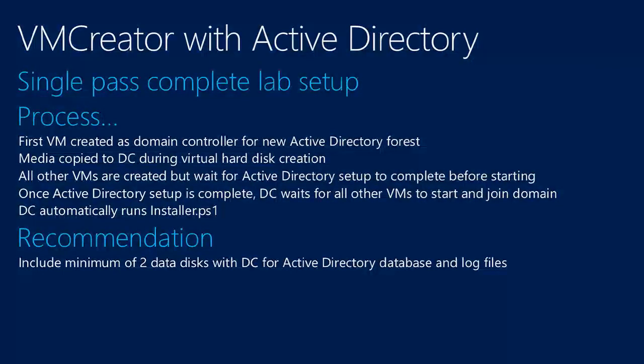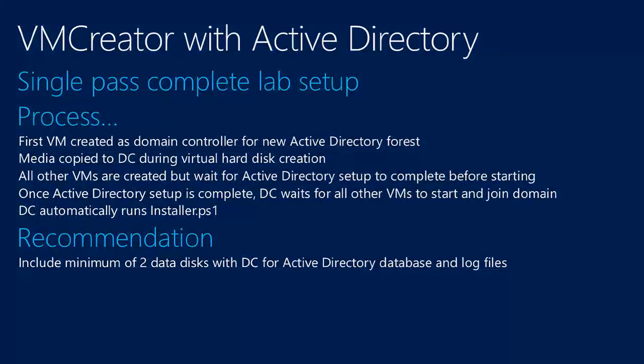What it does is take the first VM that it creates, and as well as injecting the sysprep file, it inserts an auto logon script that will configure that machine as a domain controller. So it creates the first VM, inserts that set of scripts and sysprep, starts it, and then continues and creates all the other VMs, but doesn't start them.